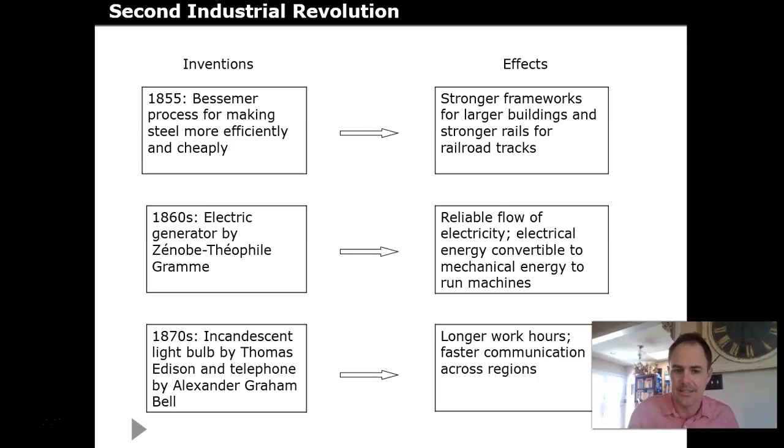In the 1860s, electric generator, reliable flow of electricity. So electricity increasingly becomes the energy source to run the machines, and away from that steam power and toward electrical power. In the 1870s, the first incandescent light bulb is invented by Thomas Edison, telephone by Alexander Graham Bell.